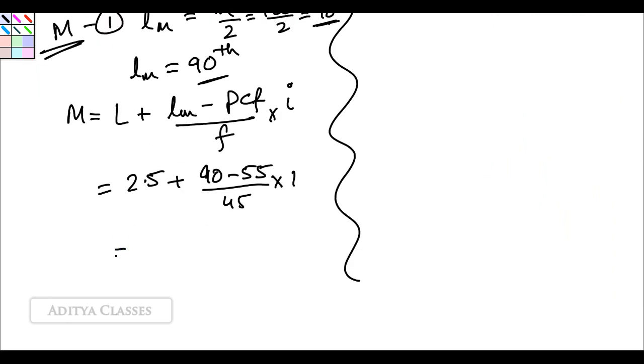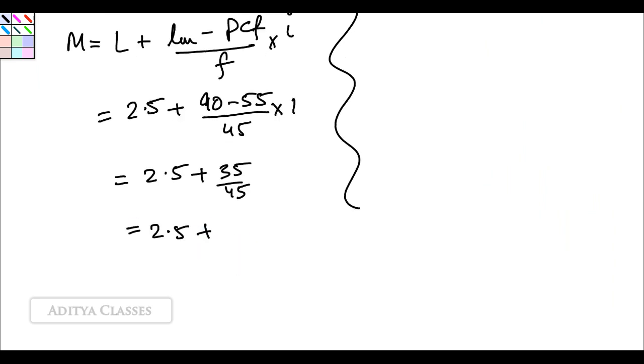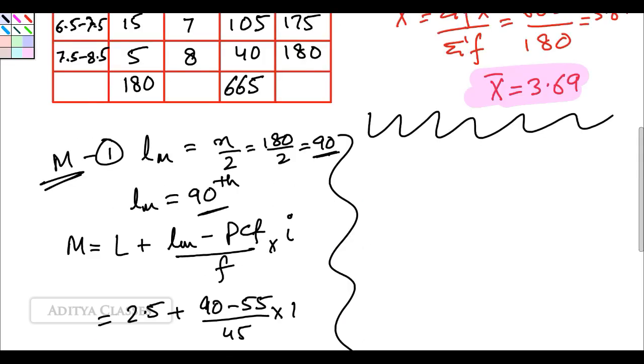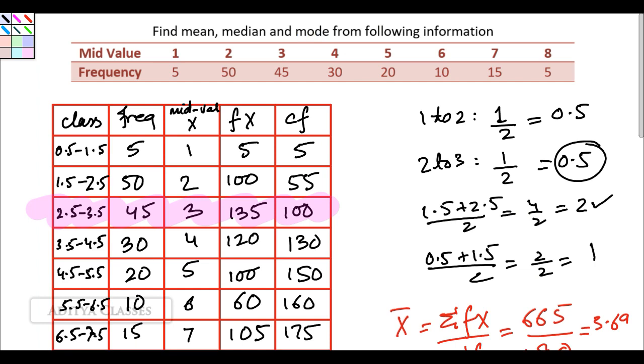Let us go ahead and solve it. 2.5 plus, so our median comes as 3.277. Now our last measure that we need to find out is mode.